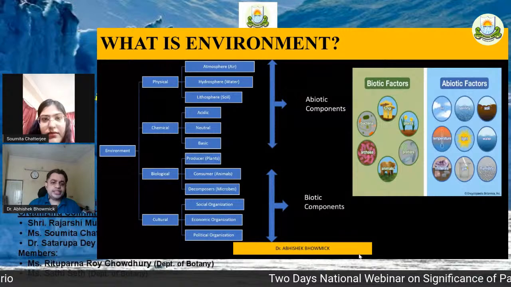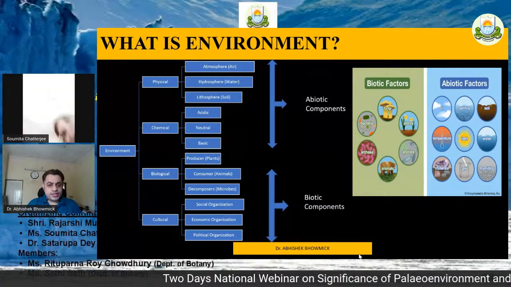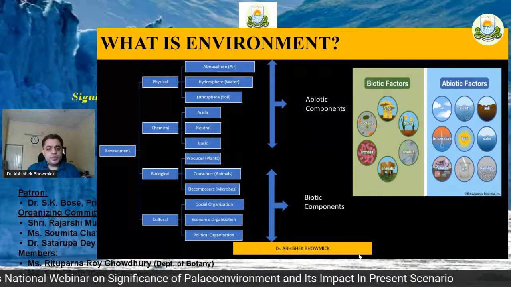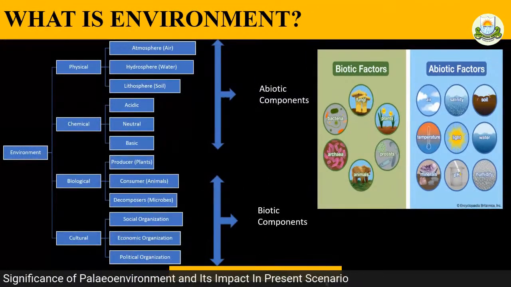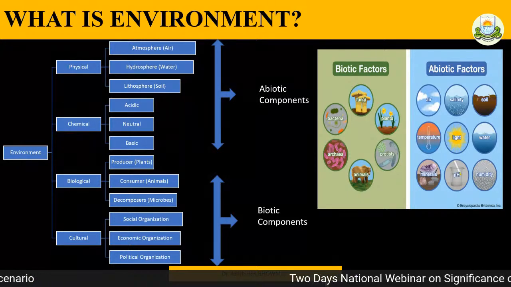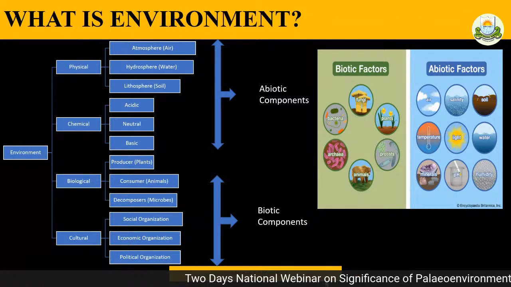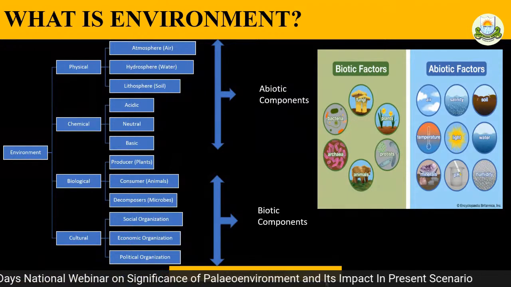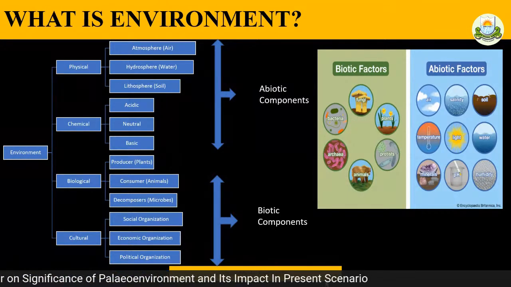The biological factors include the producers, generally plants, the consumers, generally animals, and the decomposers. And the culture, the social, economic, and political organization of the organism in the environment, is considered the cultural environment.